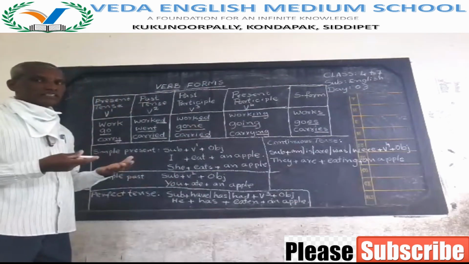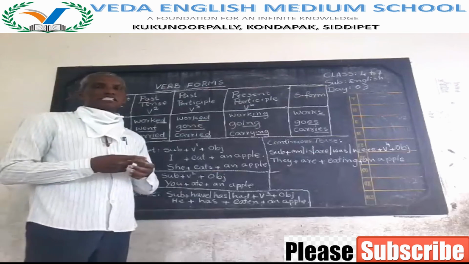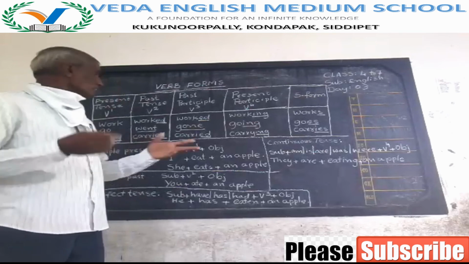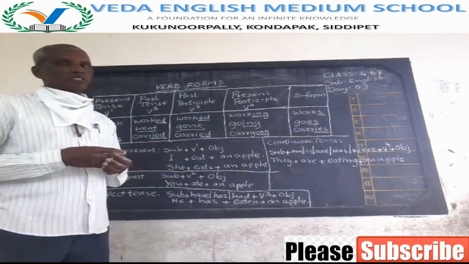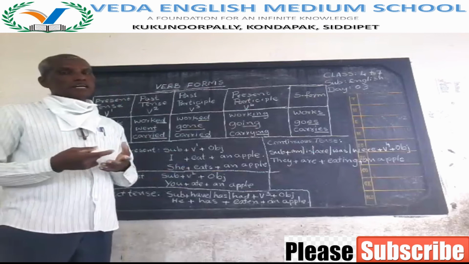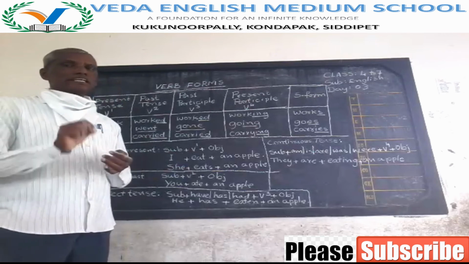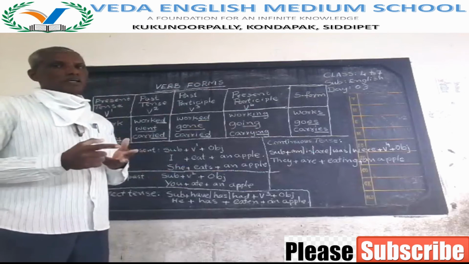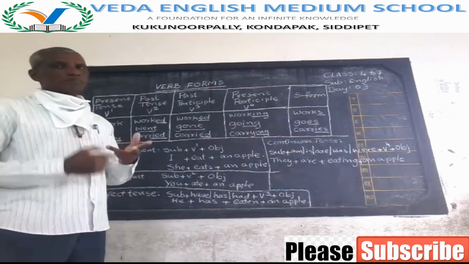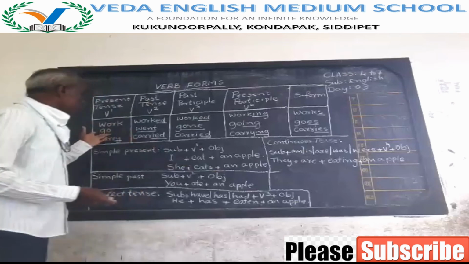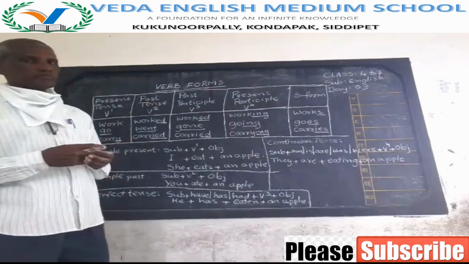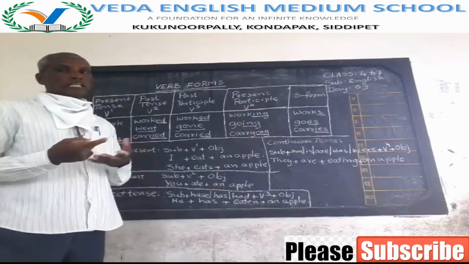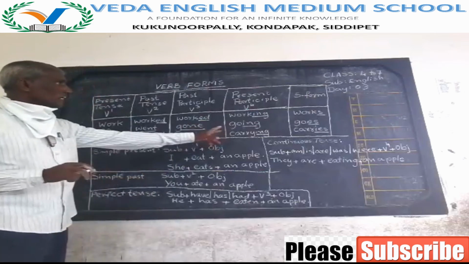So it's not ed. If you are not making past tense and past participle by adding ed, then you have to think that they are irregular verbs. If you are making past tense by adding just d, ed or ied, they are regular verbs. If you are making past tense and past participle differently from the base form, they are irregular verbs. So I hope you understood these things.